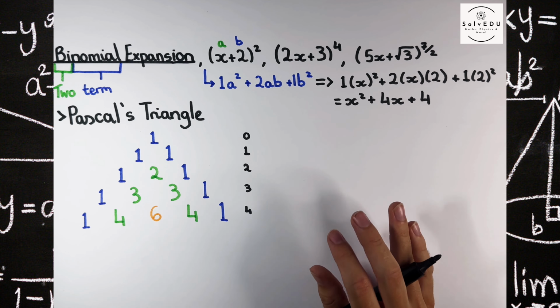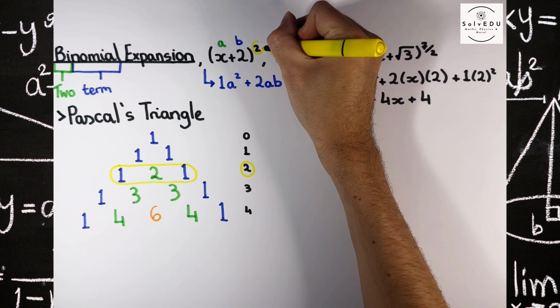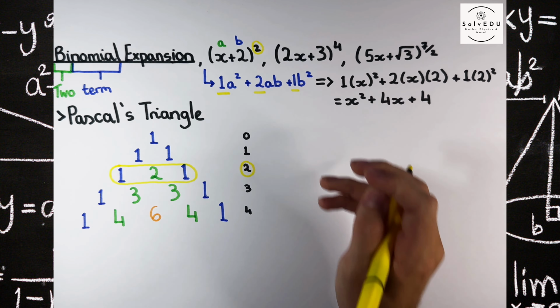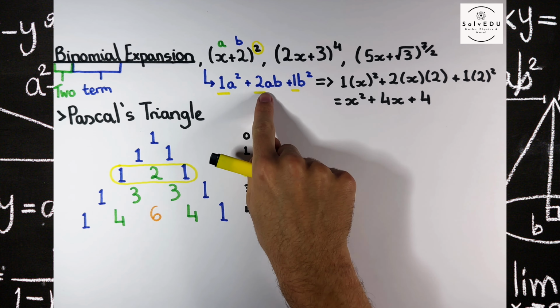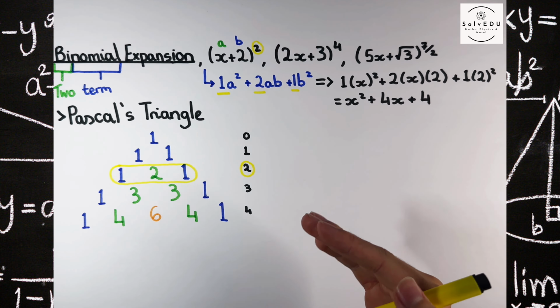But if you look a little bit closer, more specifically at our row number 2, and take a look at our first little example here with our squared, we have the same numbers. And this is how we know what coefficients, so the number that goes alongside another number, we have in our expansion. Simple as that. So let me just write that down for you.